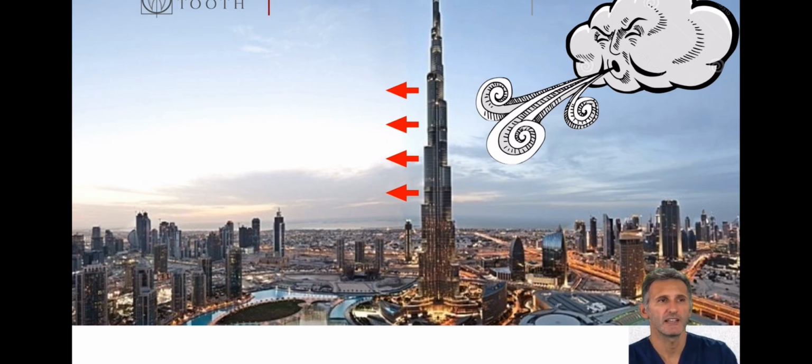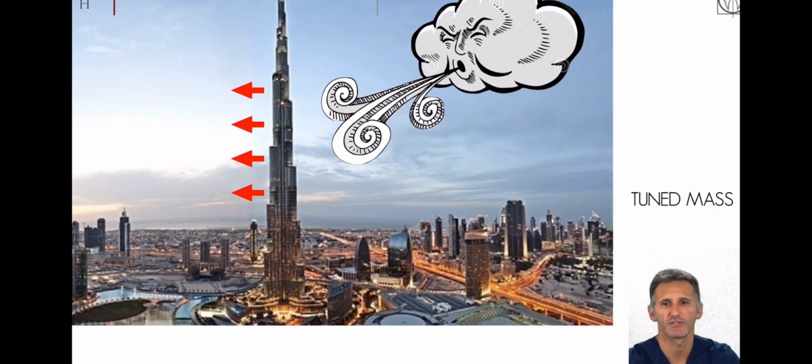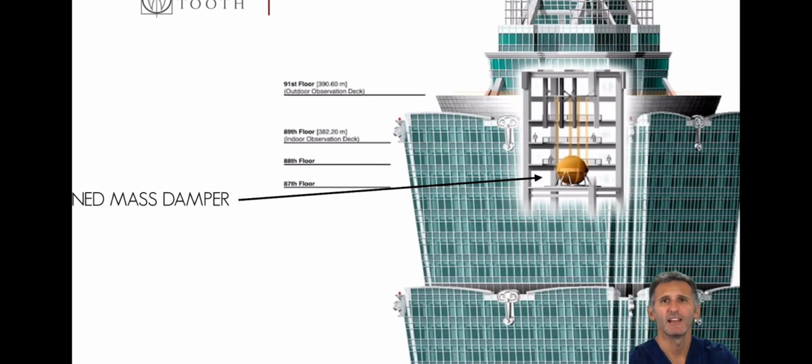So people working in this field have to know exactly which kind of force they are dealing with in order to avoid catastrophic consequences. And it is interesting to see, for example, that in order to avoid this kind of problem with wind, architects and engineers put a super big ball of iron. This is the Taipei 101.